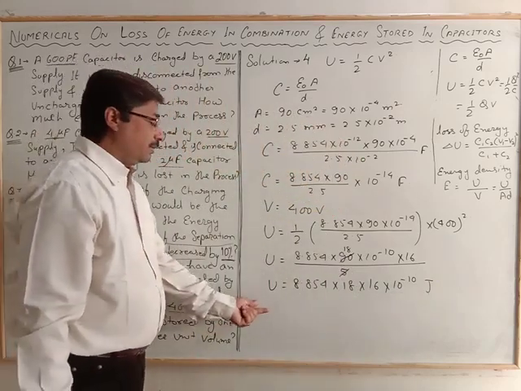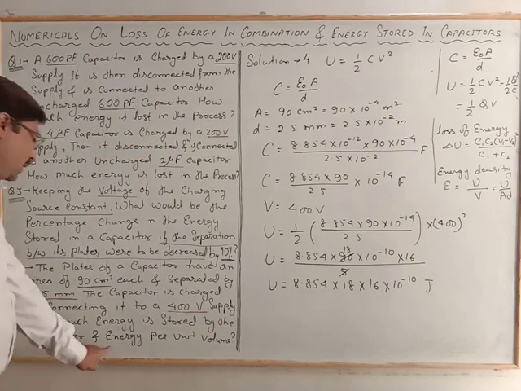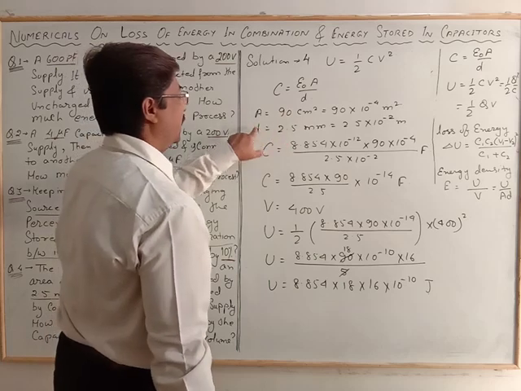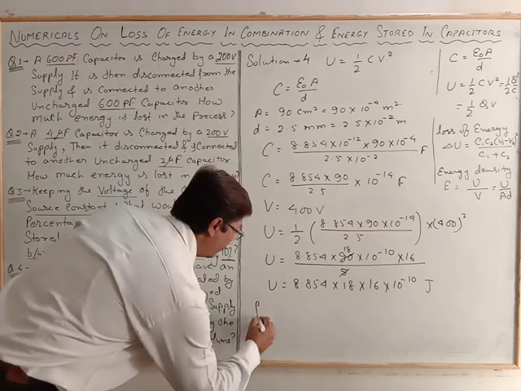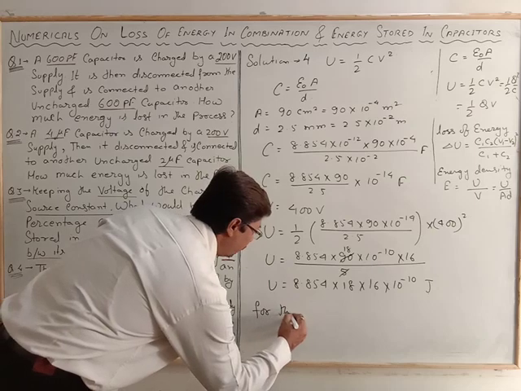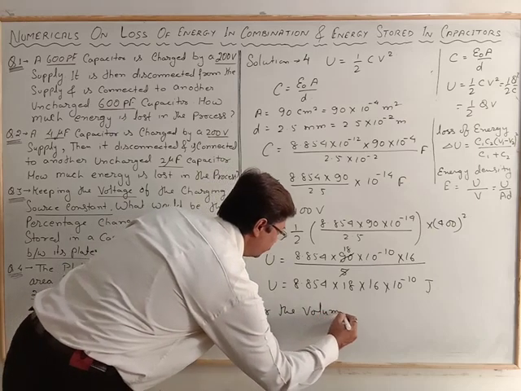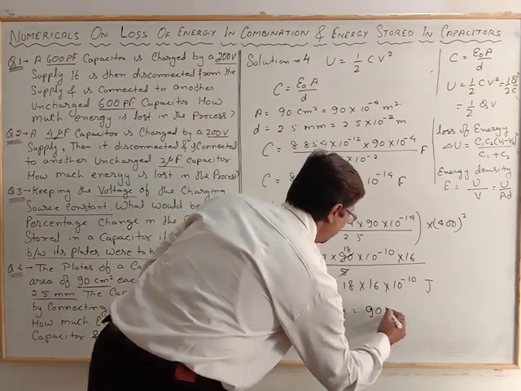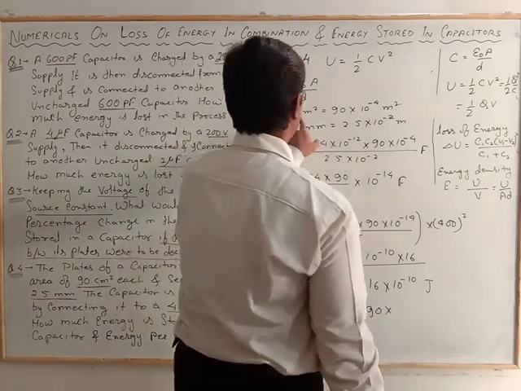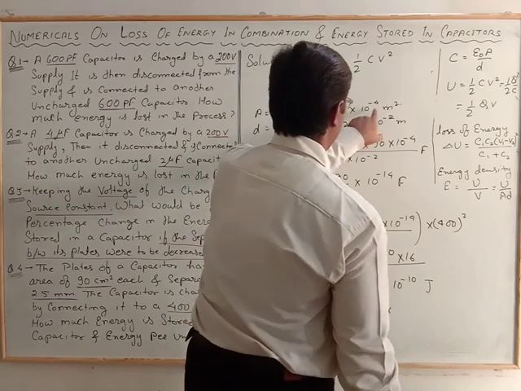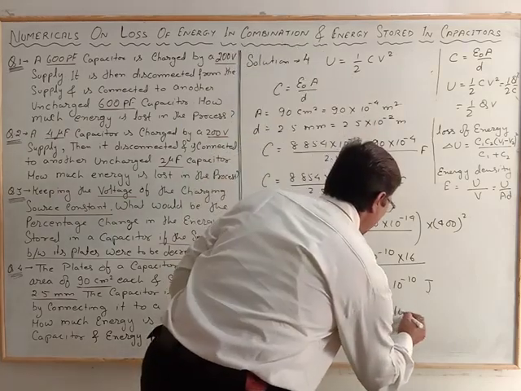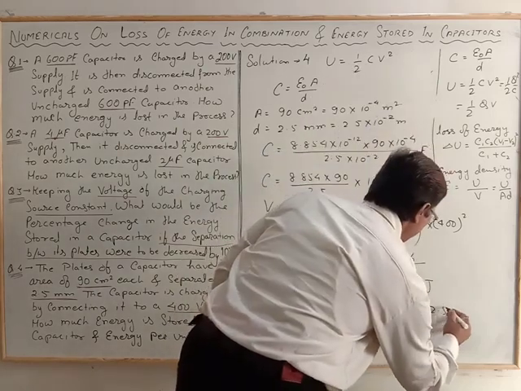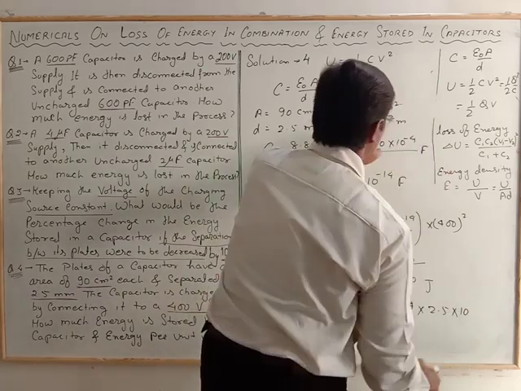And next is the energy per unit volume. In that case, the volume is area into distance. For the volume, that is 90 into 10 to the power minus 4 into 2.5 into 10 to the power minus 2.